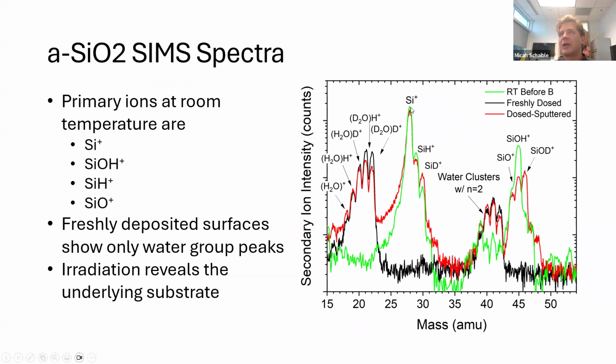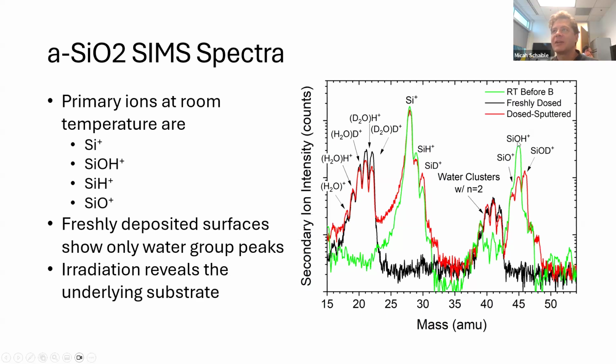In the green, we have the SIMS spectra measured before cooling or depositing any water. So this is the room temperature before spectra. We see that the spectra is dominated by silicon ion. Si+ is the main sputtered secondary ion from that room temperature SiO2, although we do see some substantial abundances of SiH, a hydrated Si, and SiOH, which was actually the second largest signal in that preliminary room temperature spectra.